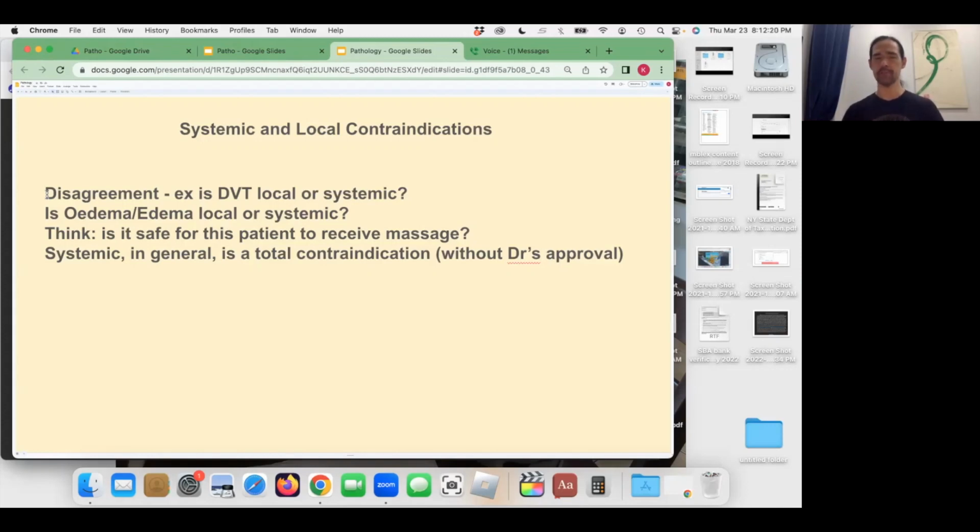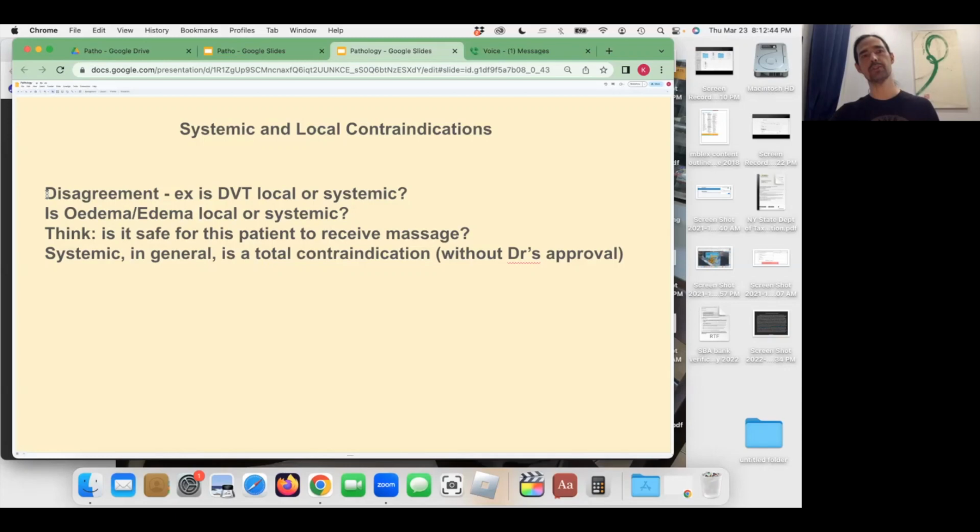For the most part, I'd like you to treat things in this section as though they are black and white, because that's just the best test-taking strategy, in my opinion. Just decide for yourself whether something is local or systemic. I'll decide for you, but if you disagree with me, and I say something's local and you think that it's systemic, then go ahead and have that position.